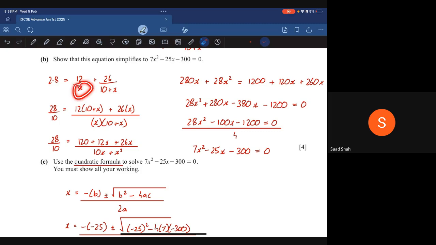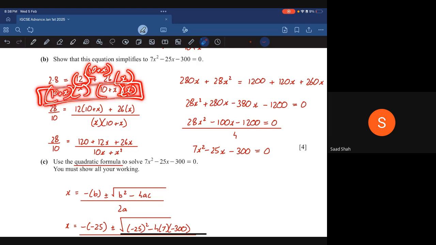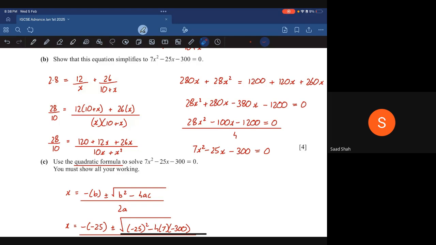So I'm simply going to multiply the denominator and the numerator of this one with x, and this one with the entire 10 plus x, with the numerator as 10 plus x. So in the end, my common denominator is x times 10 plus x, and in my numerator, I have multiplied with the alternative denominators.